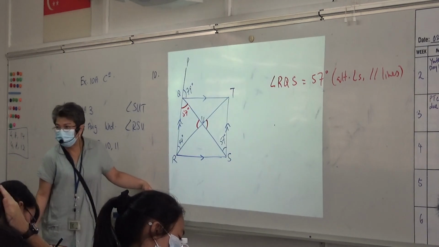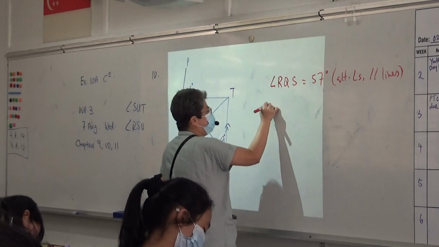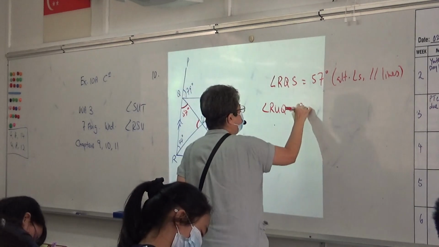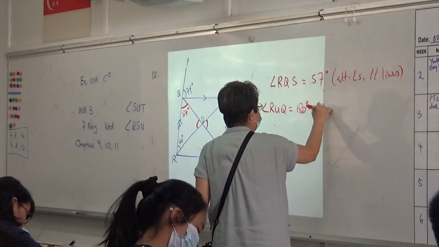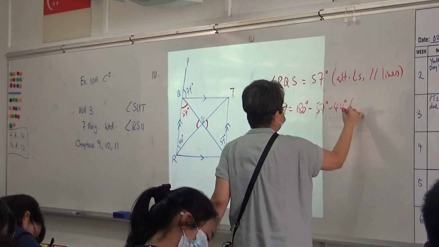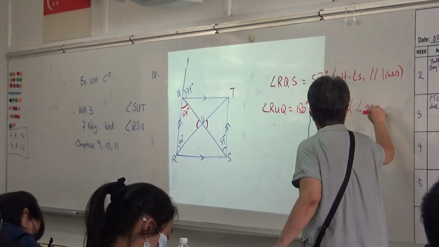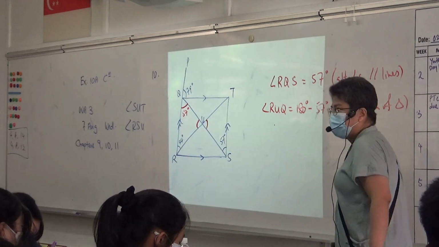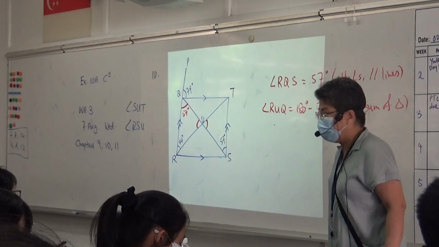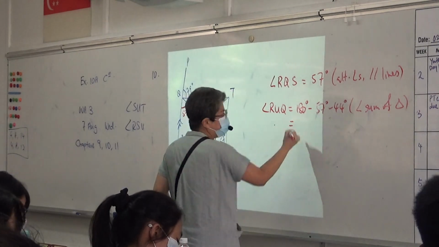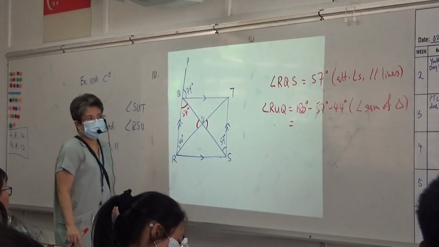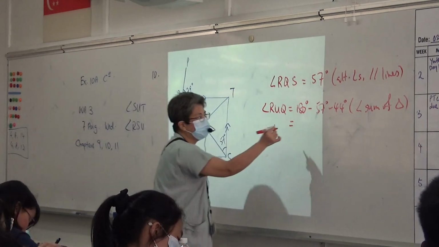RUQ. Yes. Angle RUQ will be 180 minus 57 minus 44. Now, what's the reason? Very good. Angle sum of triangle. Okay? So, what is this answer? 79.